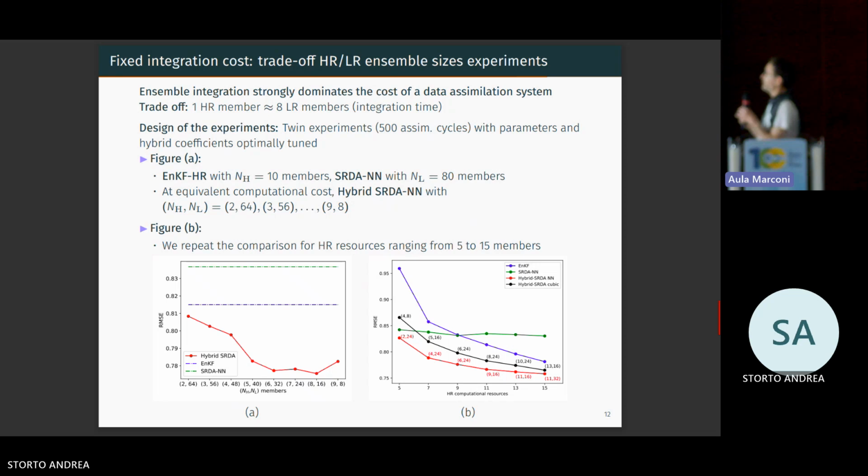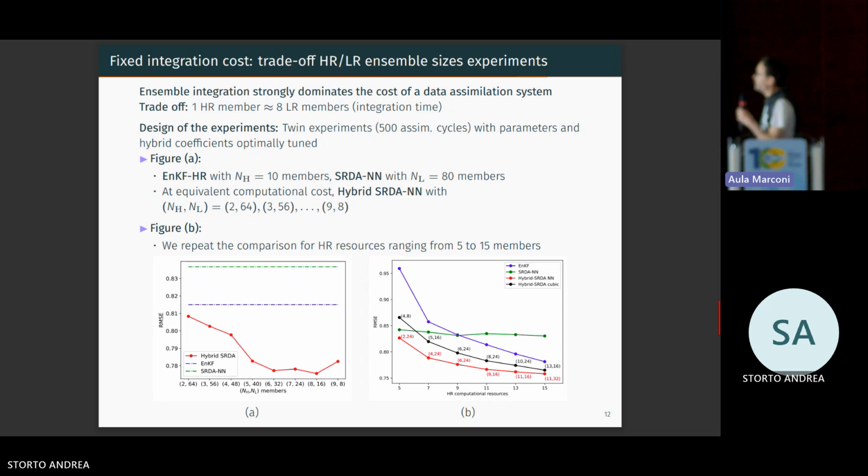This results for the SRDA neural network in an ensemble of 80 members because of this trade-off. And for the hybrid SRDA neural network, we have a sharing between high and low resolution members that starts from 2 high resolution members and 64 low resolution members, up to 9 and 8 members.